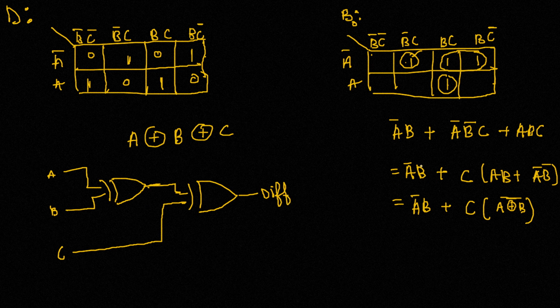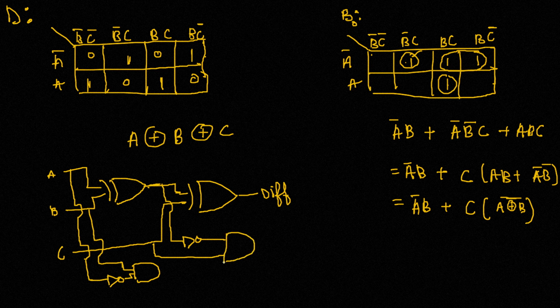Then for borrow out, we have A complement, so a NOT gate along with B, these two to an AND gate, and then we have, let's take this XOR, A XOR B through a NOT gate gives us A XNOR.